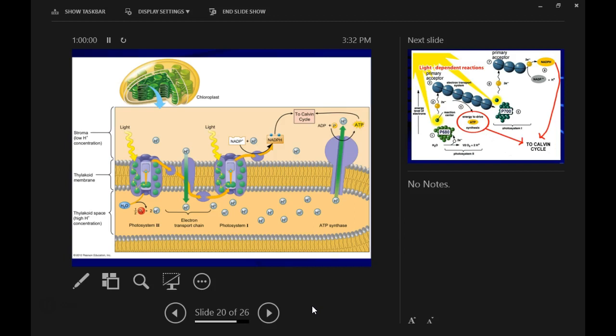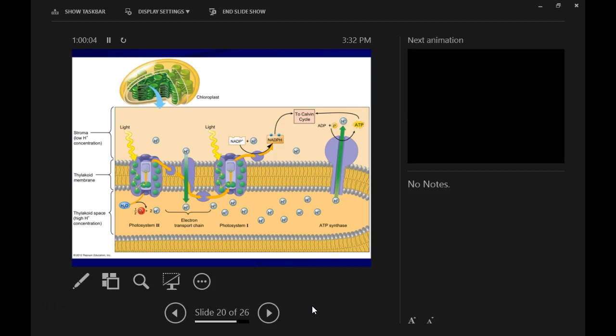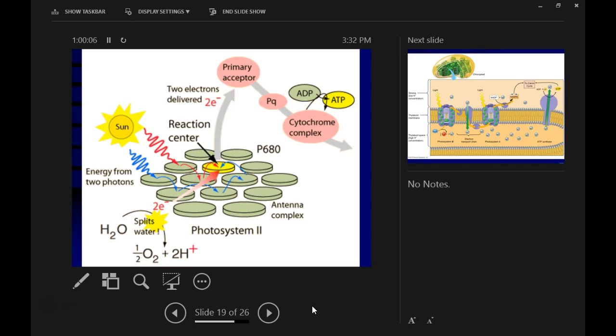Now, you'll notice that we have a problem. What was the purpose of photosystem II? Replace the electrons lost in photosystem I. So those electrons eventually make their way back to photosystem I. But now, what problem does photosystem II have? It still has 2 electrons missing.